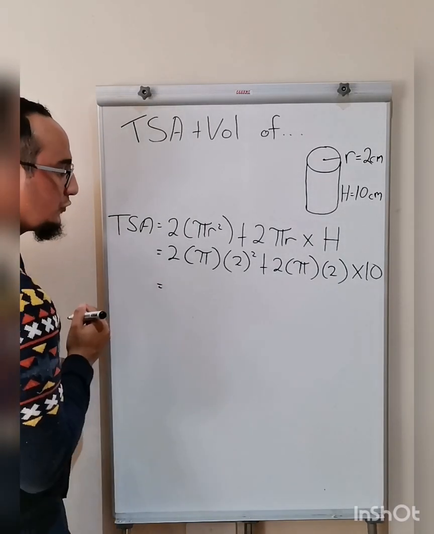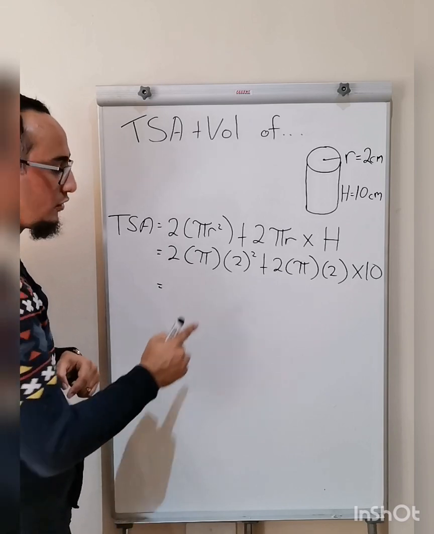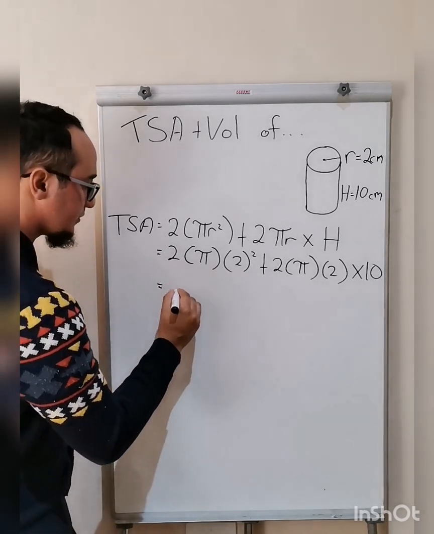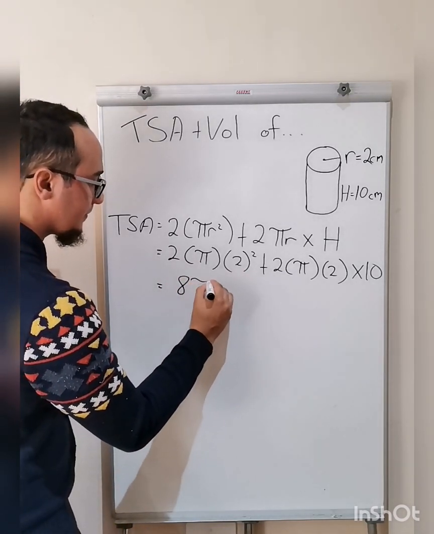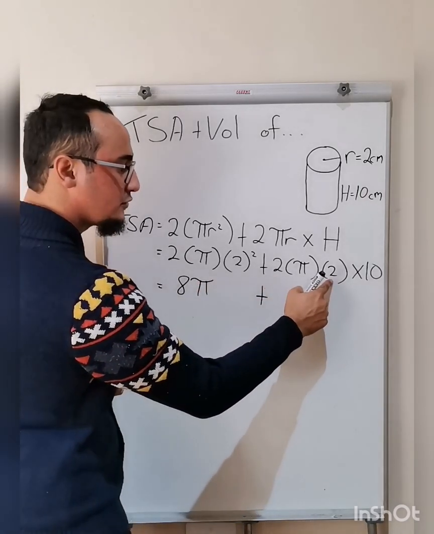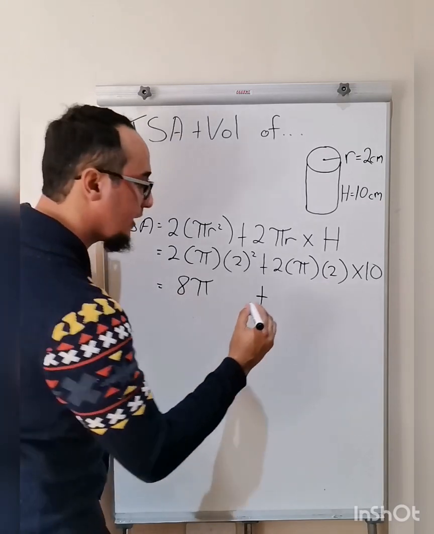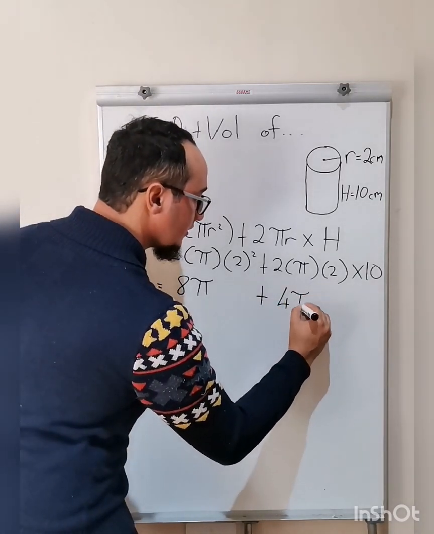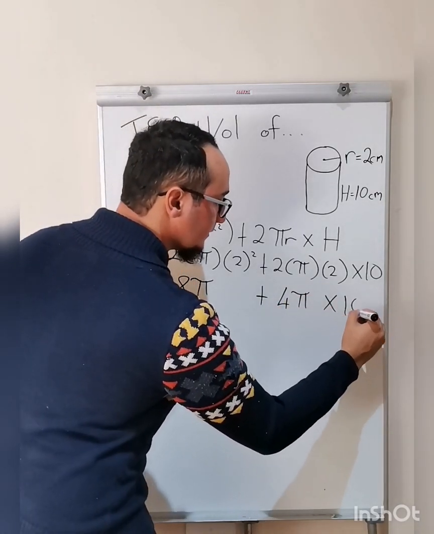So over here, 2 squared is equal to 4. 4 multiplied by 2 is equal to 8, multiplied by pi is 8 pi, plus 2 multiplied by 2 is 4, multiplied by pi is 4 pi, multiplied by 10.